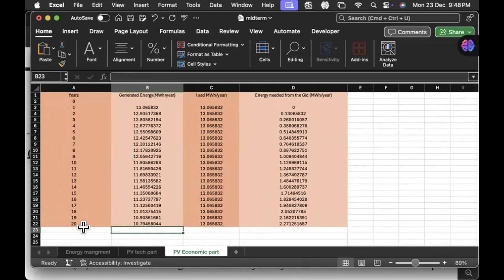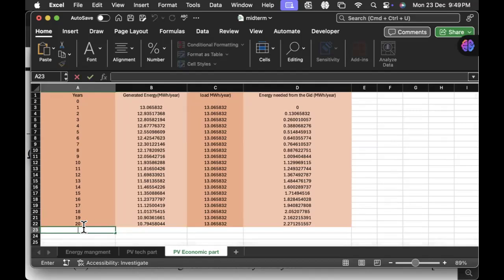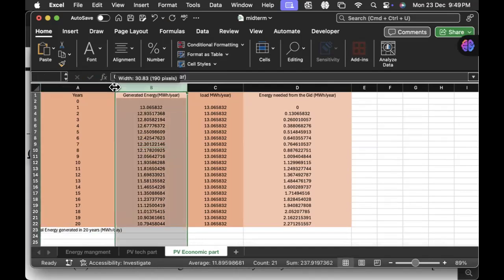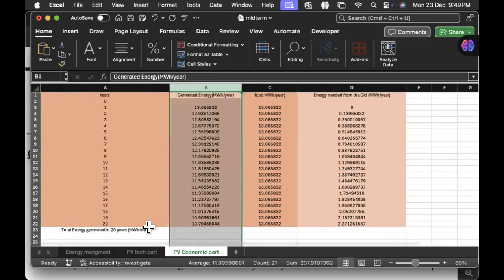So the total energy generated in 20 years, keeping the unit megawatt hour per year. I'm sorry, not per day, it's per year. I'm very sorry.